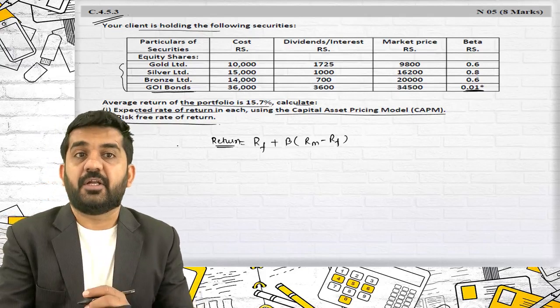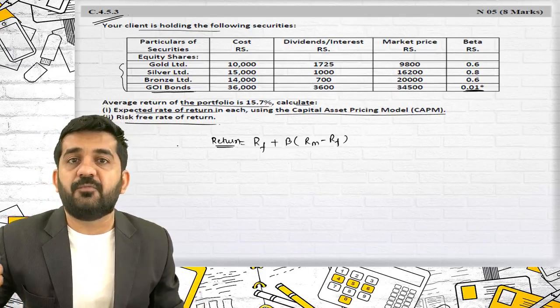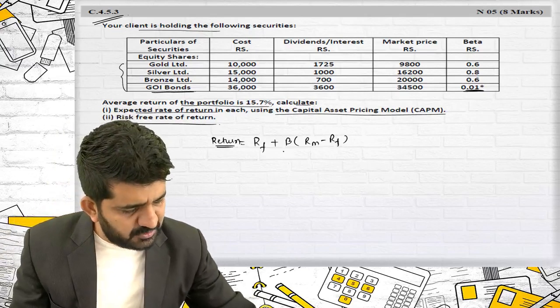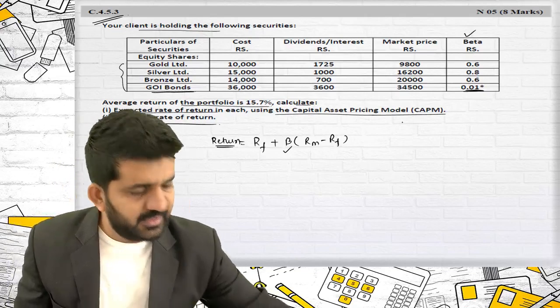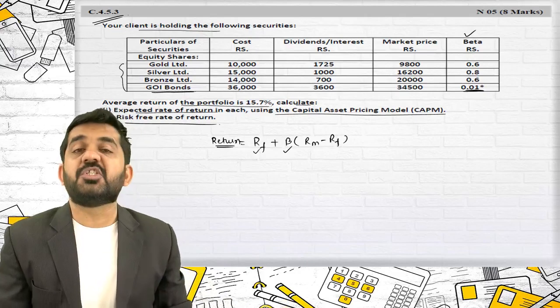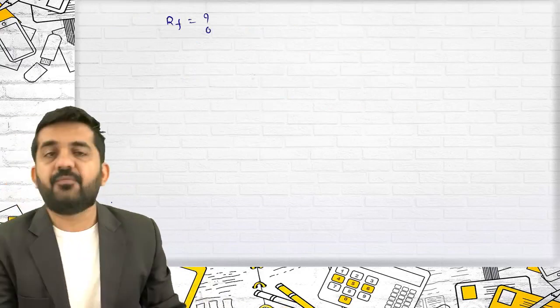RF is the risk-free rate of return. If you want to find the expected rate of return of each security as per CAPM, what is required is beta, which is given, yes. What is required is RF, which is given, no. So our first target will be to find RF.